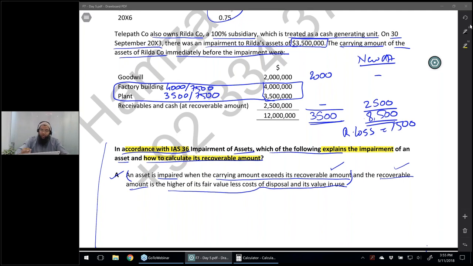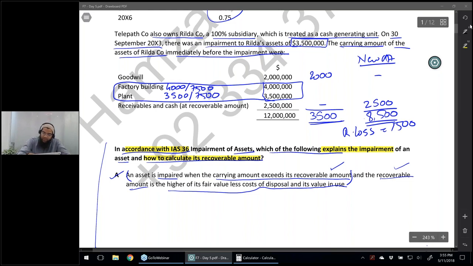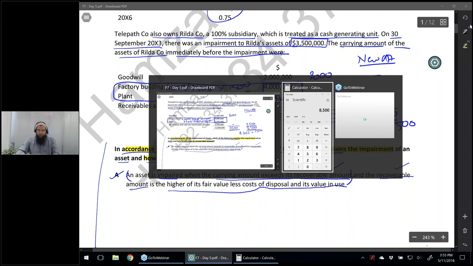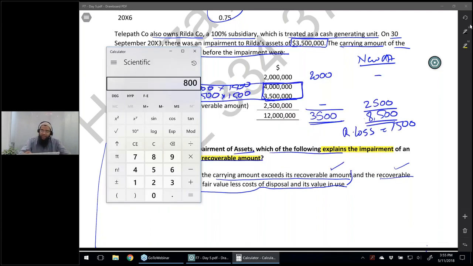Okay. So the factory building is 4,000 out of 7,500, the sum of both, and the plant is 3,500 divided by the sum of both. Multiply by the loss of 1,500 to be allocated. So 4,000 divided by 7,500 into 1,500 is going to be 800.